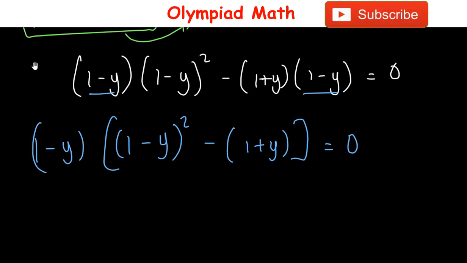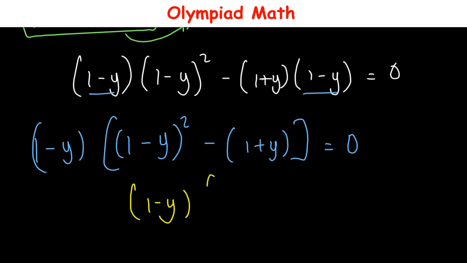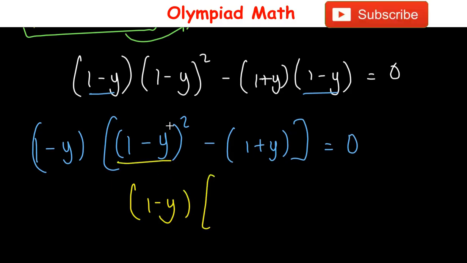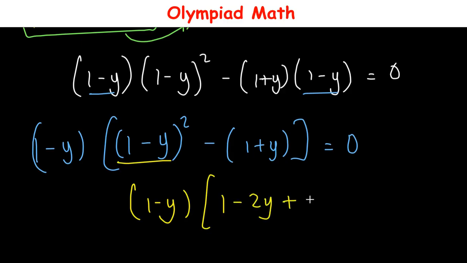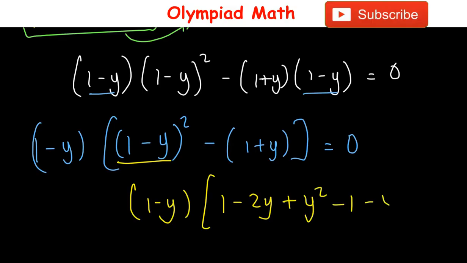So with this, we have in brackets 1 minus y, multiplied by, all of this squared, which is equal to 1 minus 2y plus y squared, then minus the bracket of 1 plus y, and this equals 0.